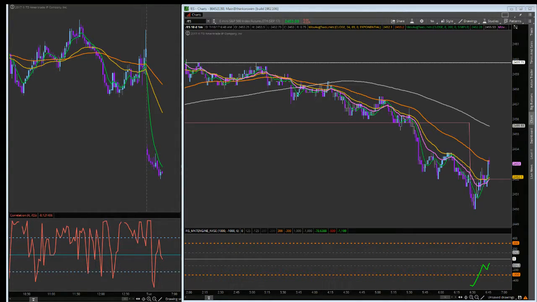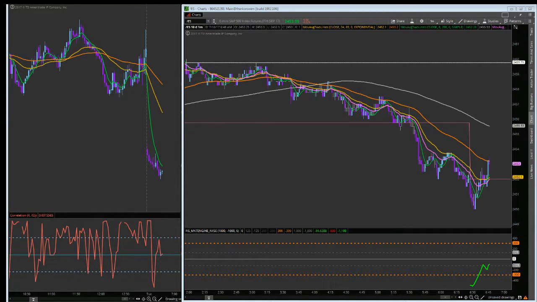Okay, push up hard and quick there. Overall sentiment on the NYSE still down, although that was a big push. Created a gear shift, which means be prepared for a push potentially in another direction. Let's see if that translates here.